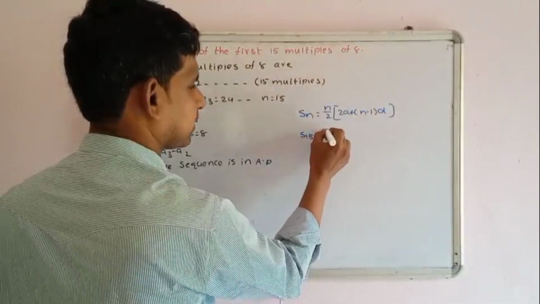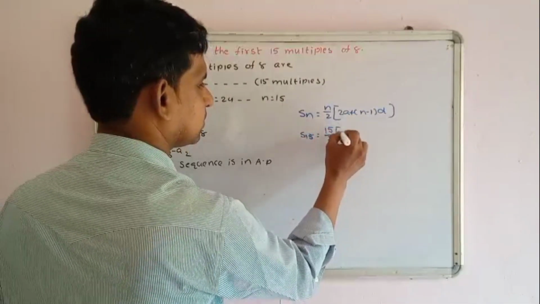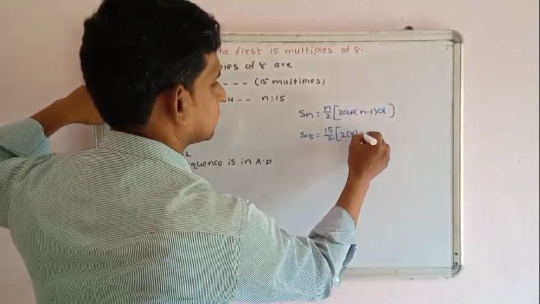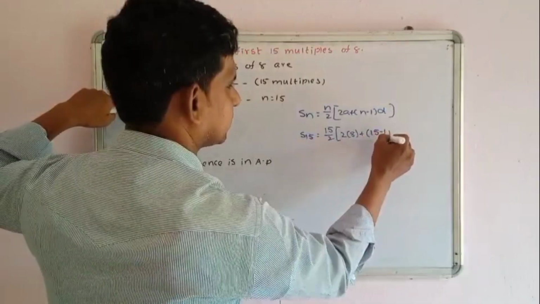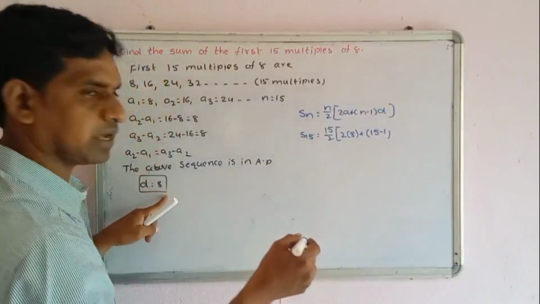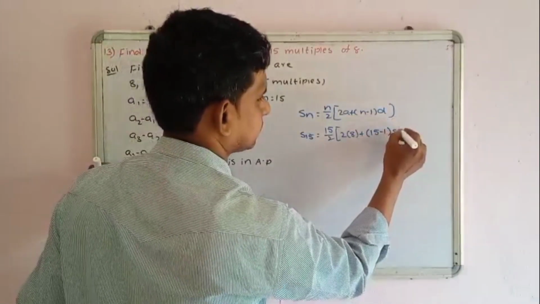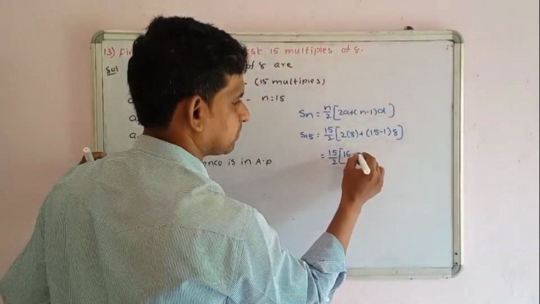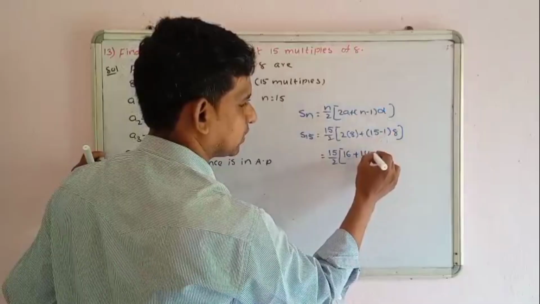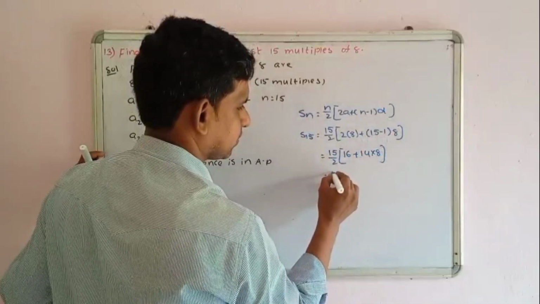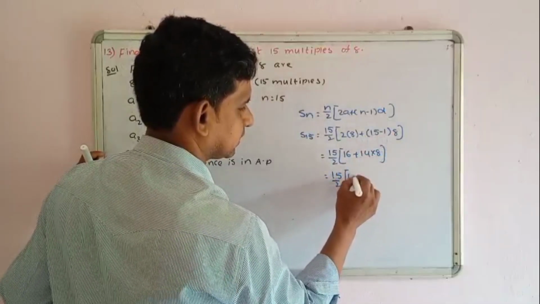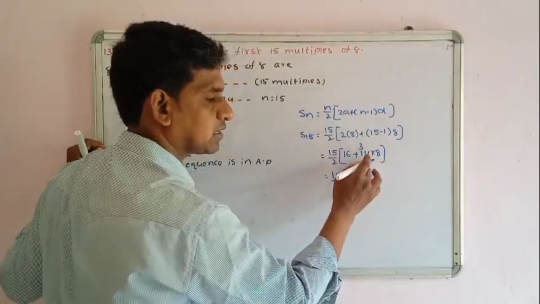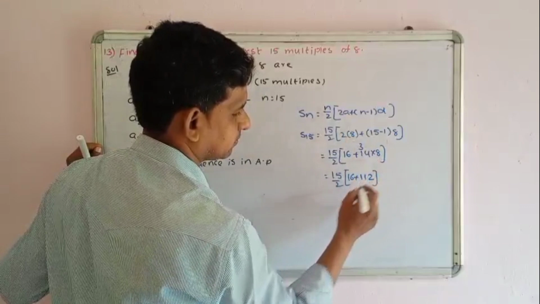So S15 equals 15 by 2 into (2a, with a value 8, plus 15 minus 1, with d value also 8). So 15 by 2 into (2 8s are 16 plus 14 into 8). 14 8s are 112, and 16 plus 112 is 128.